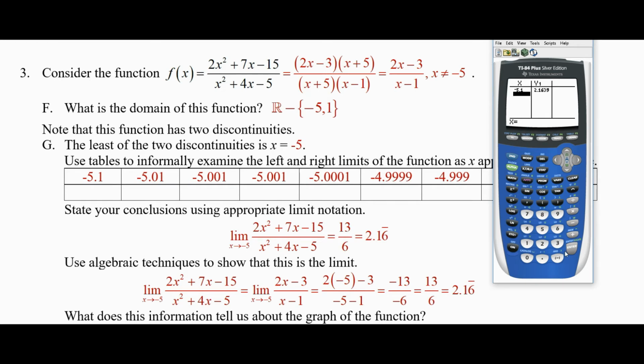Let me just go ahead and do a few of these, -5.01. Notice these x's are getting closer to -5, but they're staying below -5.